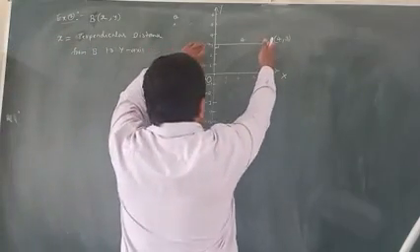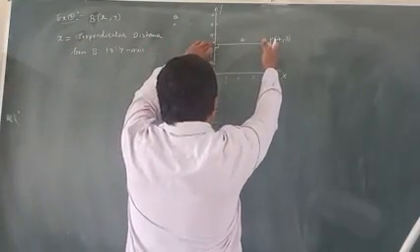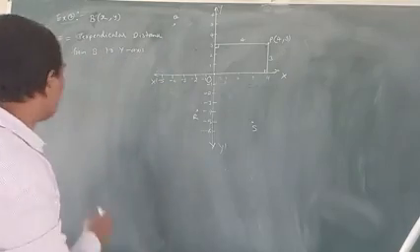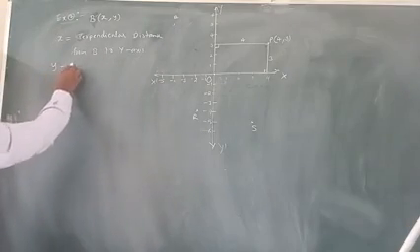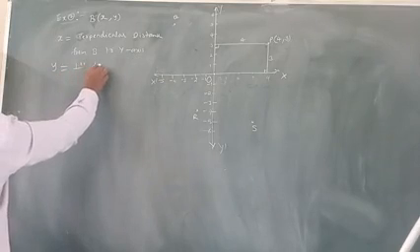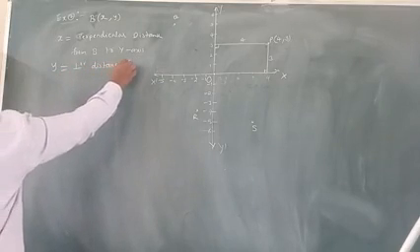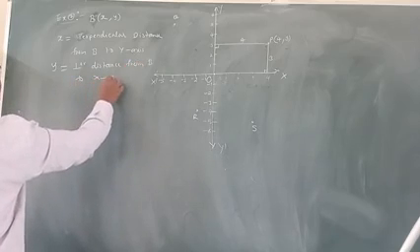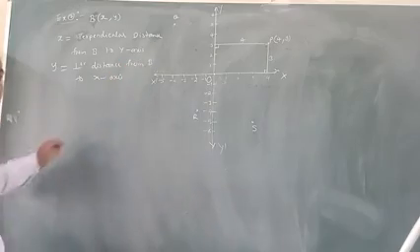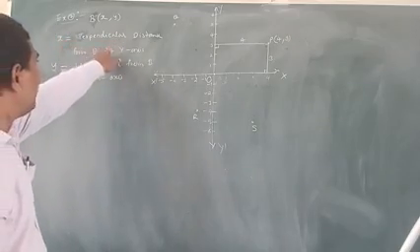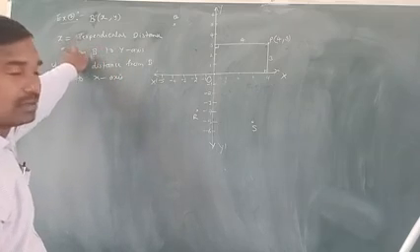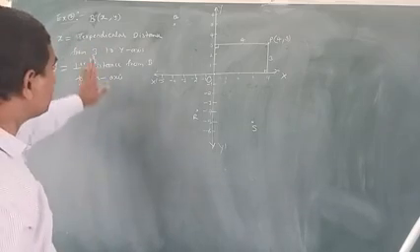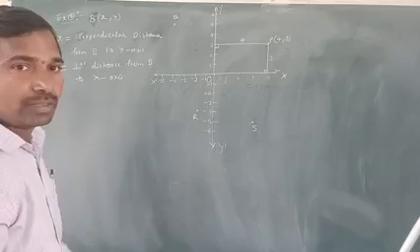See, this is P. The perpendicular distance from P to the y-axis is 4 units, so that is the x coordinate. And the y coordinate is the perpendicular distance from B to the x-axis. The perpendicular distance from a point to the y-axis is the x coordinate. The perpendicular distance from a point to the x-axis is the y coordinate. So using this information you can find the coordinates.